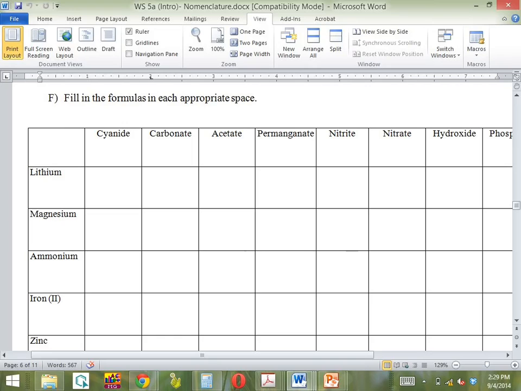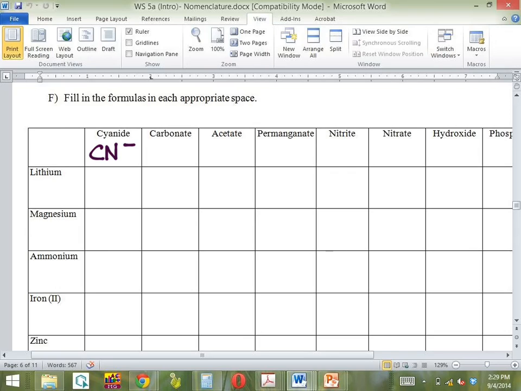So it might be helpful, and there's room in the little blanks, to write the formula up here. So cyanide is CN minus. And you might want to go through the whole row there and write down what the formula is with its charge. An ion has a charge. A compound doesn't have a charge.